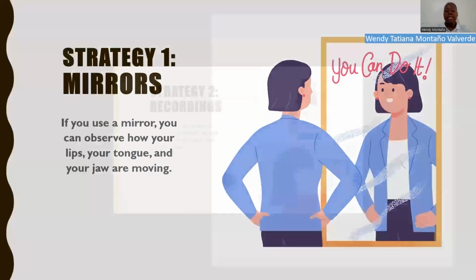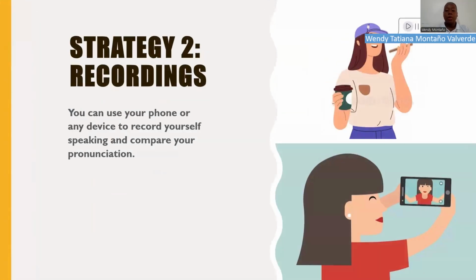Okay, the second strategy is recording your voice. You can use your cell phone. You can record yourself saying words with diphthongs like cake, bike, or house. After that, you listen carefully to your recording and compare it with the correct pronunciation.